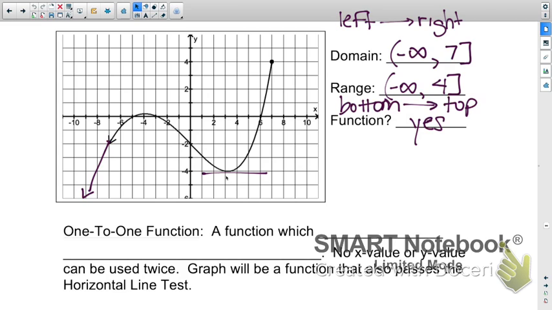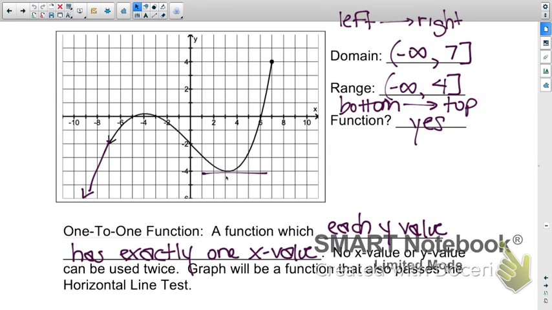A one-to-one function is a function in which each y value has exactly one x value. Okay, that flips the definition of function around, right? But what I also want you to note is it says a one-to-one function is a what first? It is a function first.